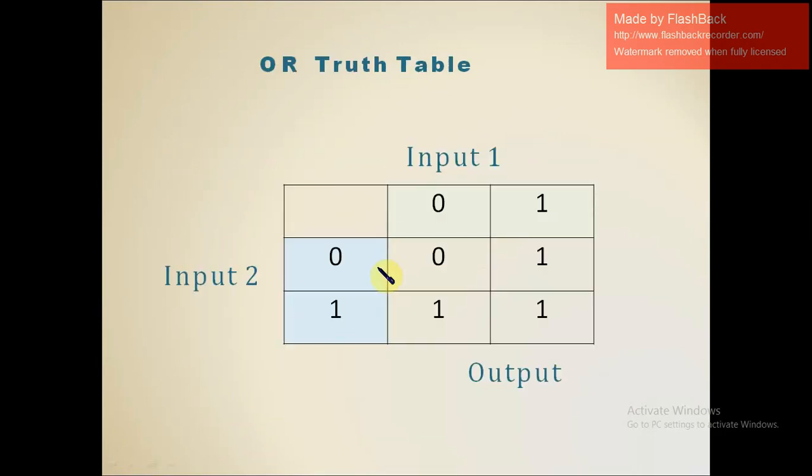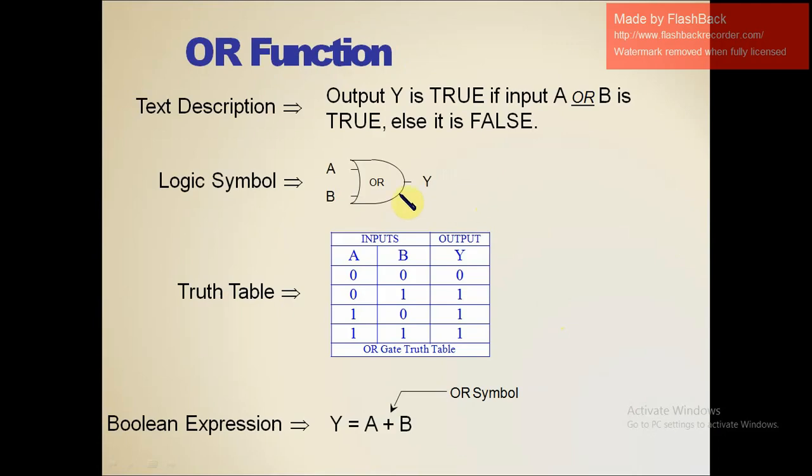Given the truth table, 0 0 gives 0, 0 1 gives 1, 1 0 gives 1, 1 1 gives 1. The Boolean expression is written as Y equals A plus B. That plus indicates the OR symbol. This is called the logical symbol.